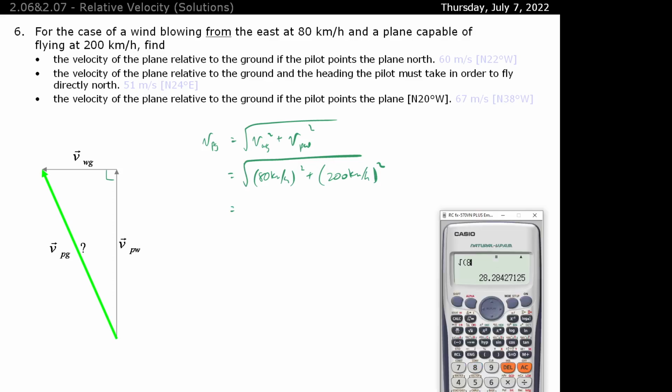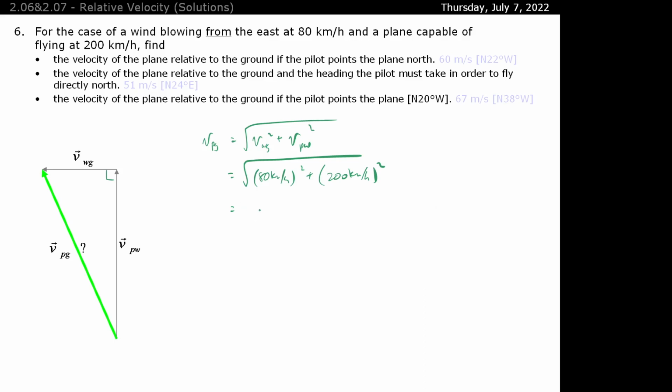So the root of 80 squared plus 200 squared gives us an answer greater than our longest side of the triangle. After all, it's a hypotenuse, so yeah, 215 sounds about right. 215.4 kilometers per hour. So that's our VPG as a magnitude.